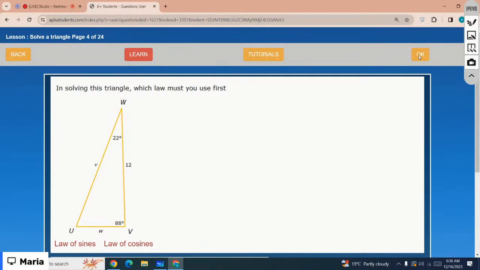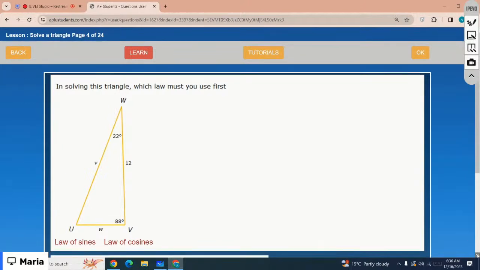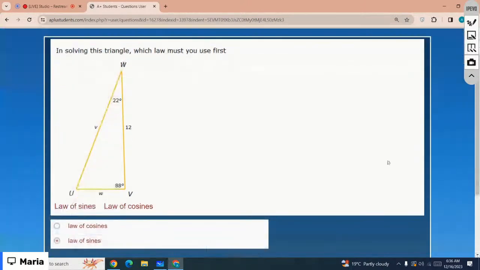Which one can you use? You can use the law of sine in this case, right? When you are given two of the angles and one of the sides, you can use the law of sine. The correct option is law of sine, right?